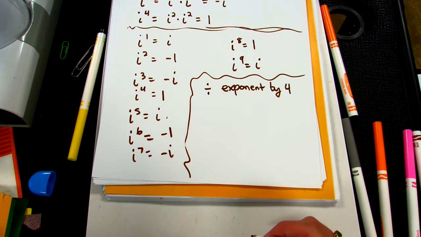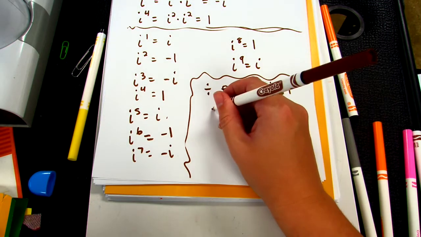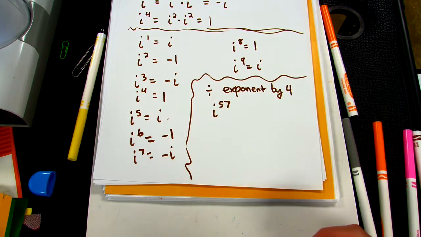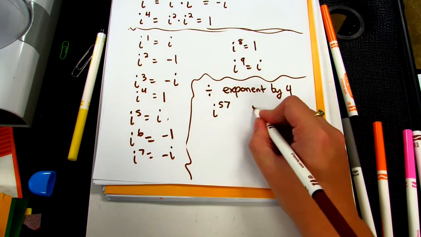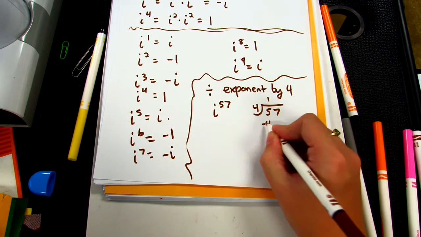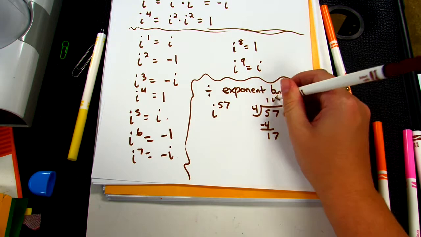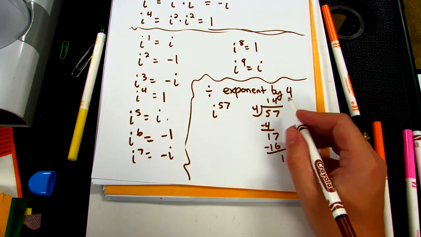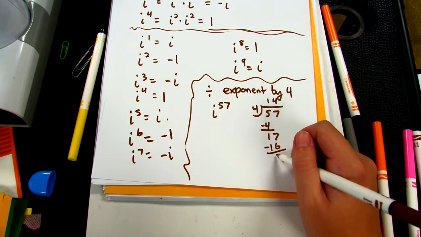Okay, so let's do an example. Let's do i to the 57th power. Okay, so we're going to divide 57 by 4. So we get 14 with a remainder of 1.